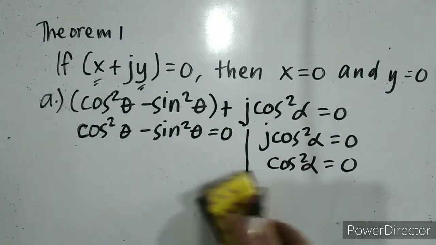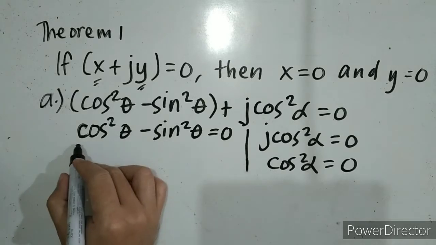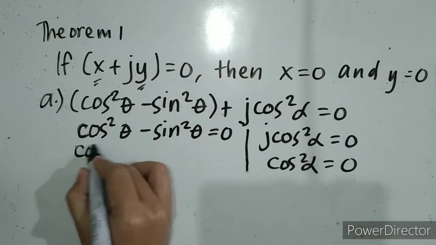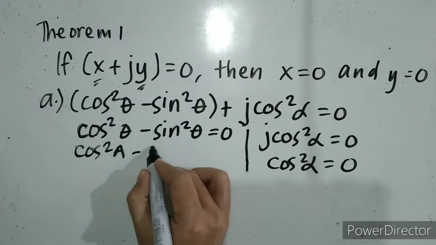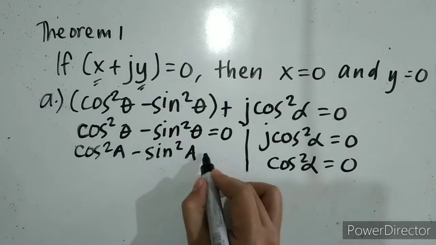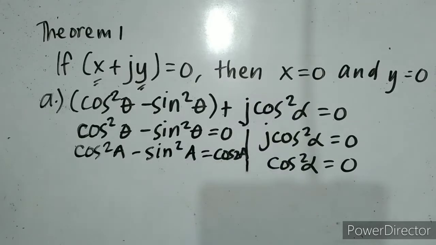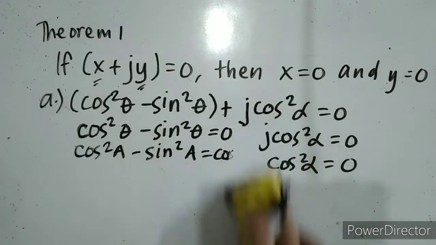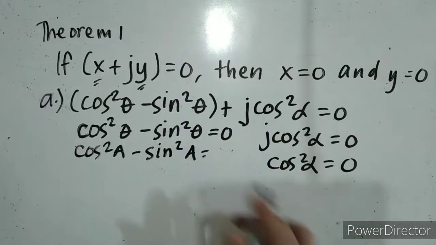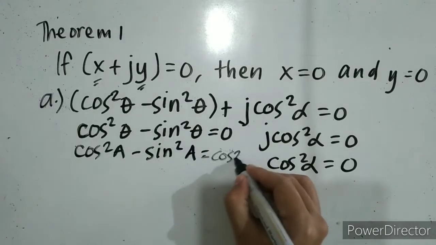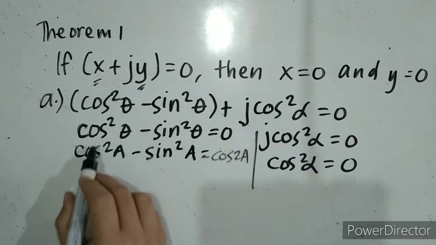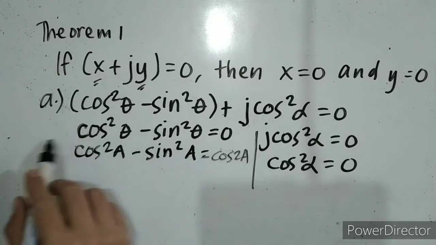If you are familiar with the identity cosine squared a minus sine squared a equals cosine 2a, the double angle identity, we will use that to replace this expression.